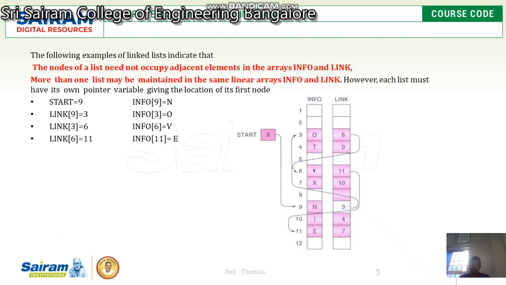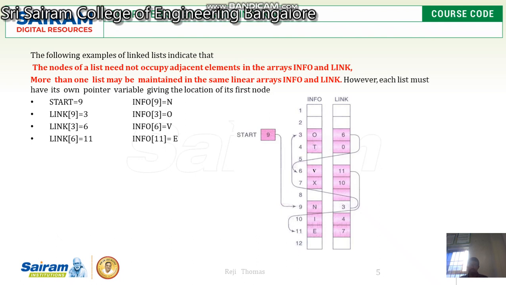So this is what I told. It's not mandatory that every node in the given list has to be stored in adjacent memory locations. At the same time, let me repeat, it's not mandatory that the array stores only one list's information.